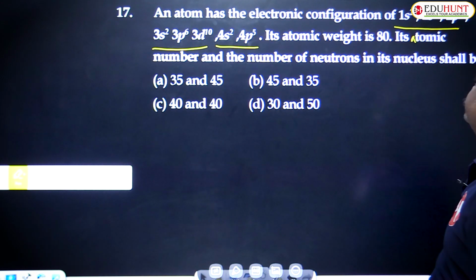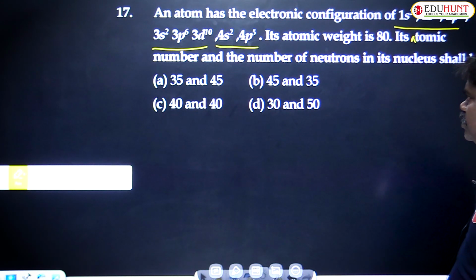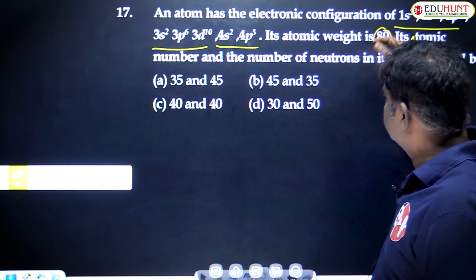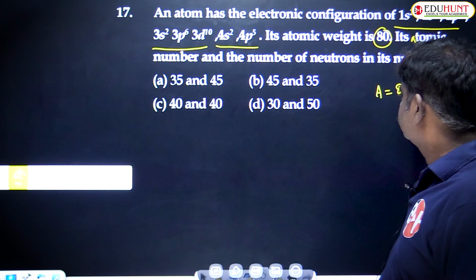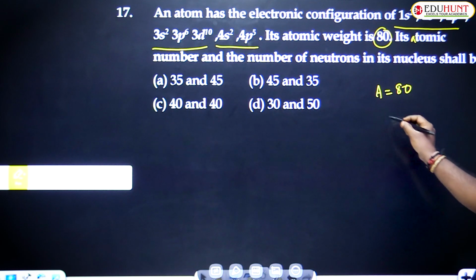Generally the atomic weight given is 80, that is the mass number 80. What is its atomic number?